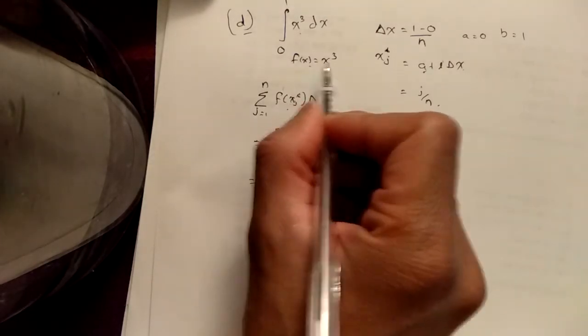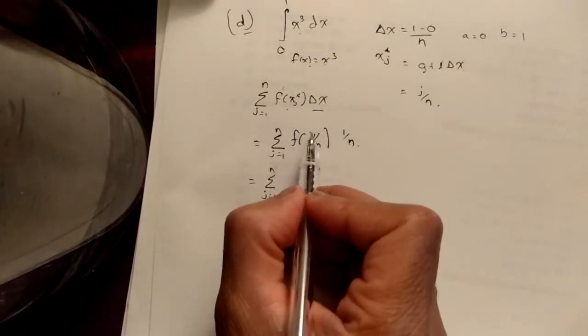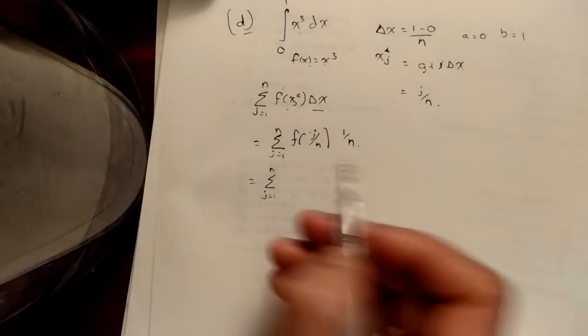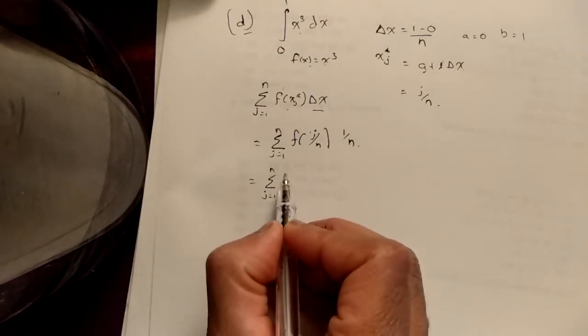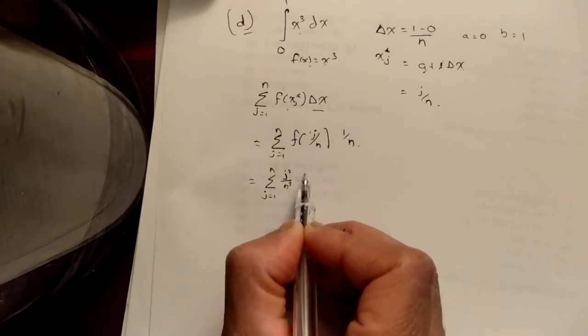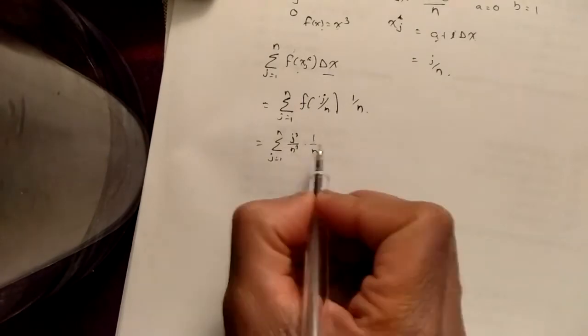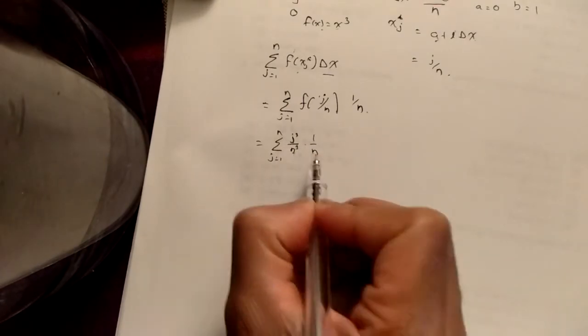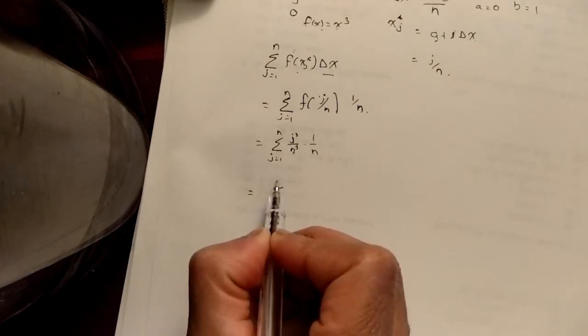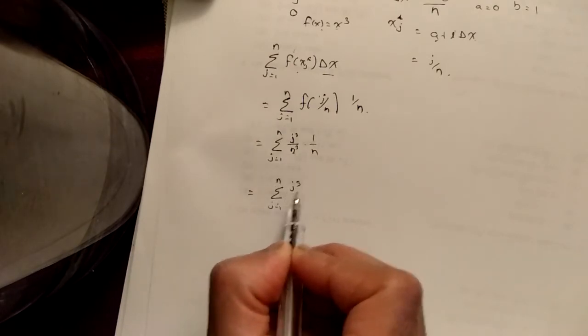Since f is equal to x cubed, whatever you use as the input will be cubed and given as the output. So we will get j cubed over n cubed multiplied by 1 over n, right? And these two n values in the denominator will give you j cubed over n to the power 4.